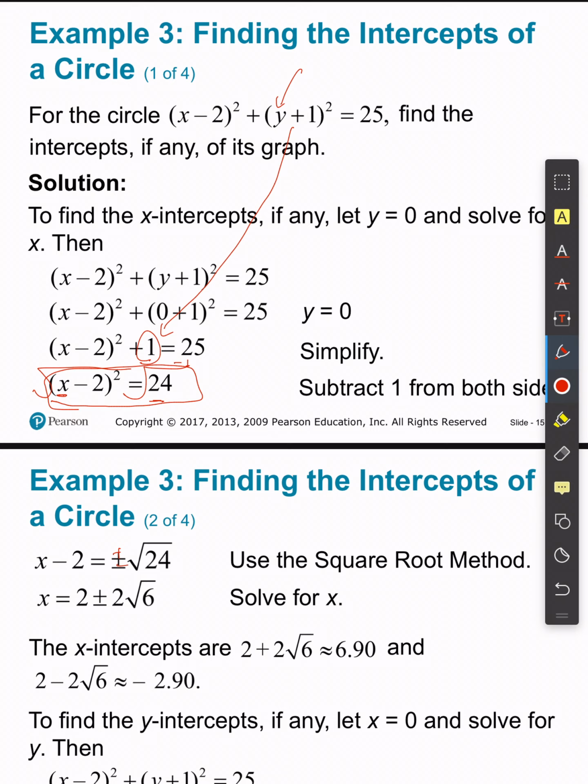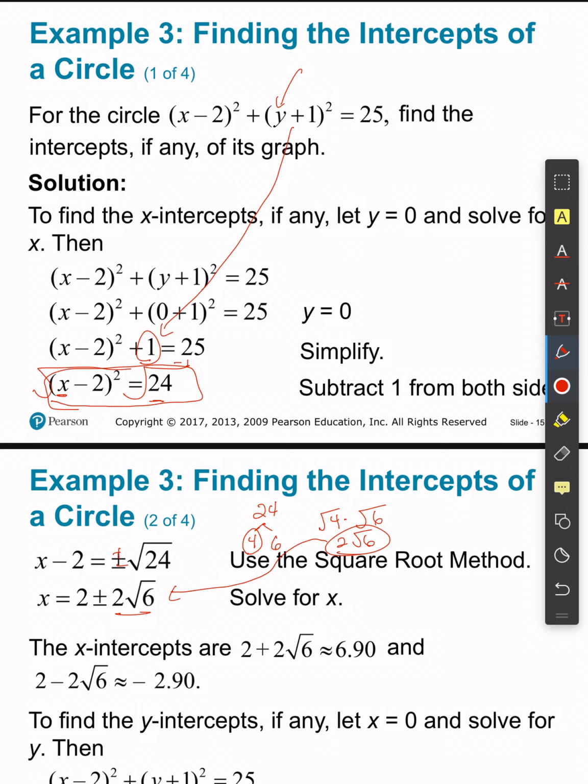So x minus 2 equals plus or minus the square root of 24. Then they simplify the radical. Remember that if there's a perfect square within 24, 24 can be rewritten as 4 times 6. This is a perfect square, so the square root of 4 times the square root of 6 is just 2 square root of 6. I'm just showing you some of that. It should all be reviewed, but I'm showing it to you again here.